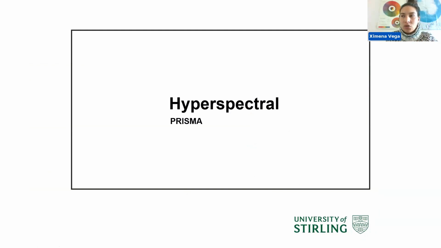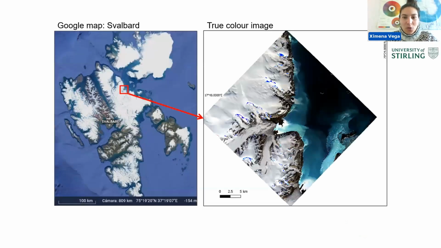So I wanted to try a tool with a higher resolution to try to find some spectra associated with specific chemistry of the organic carbon. So for that, I tried with Prisma images.